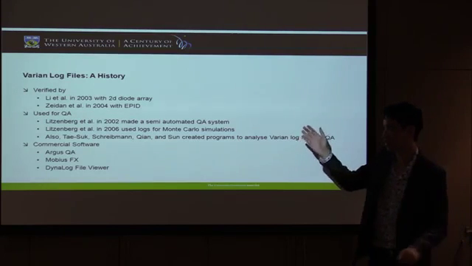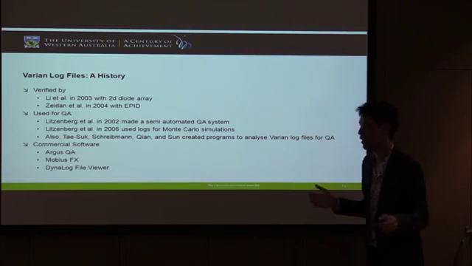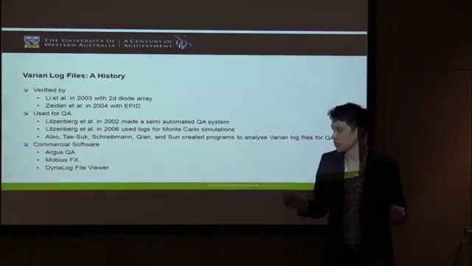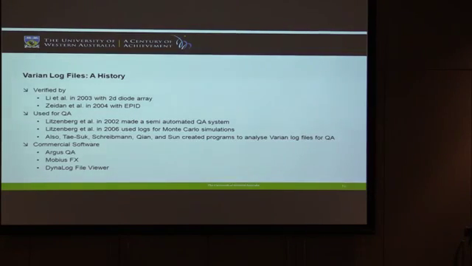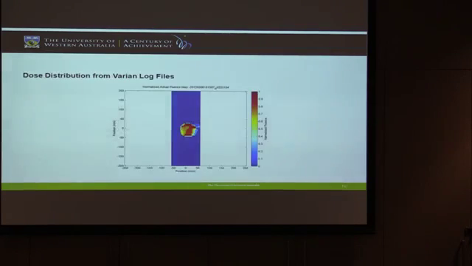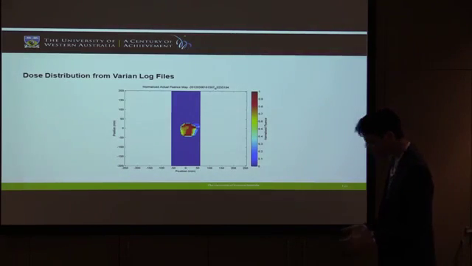And also there's commercial software. I think you guys use Argus QA, Mobius FX, and of course Dynalog file viewer and whatnot. So how these work, they use them to find the positional errors of the leaves.